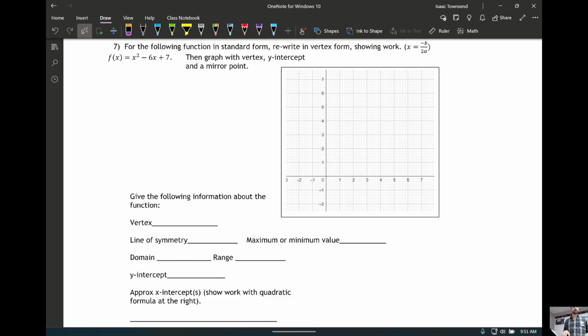Okay. Anything from page 1 or 2 that I skipped too quickly that you want to go over? Oh, B8, sure.